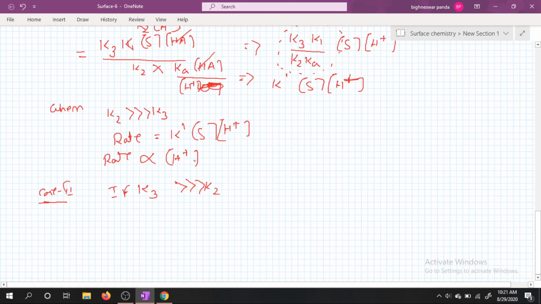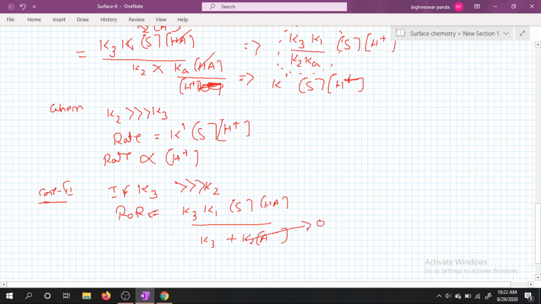So I can simply write the rate of reaction equal to K3 K1 S HA divided by K3; this term tends to 0 because K2 is very small.